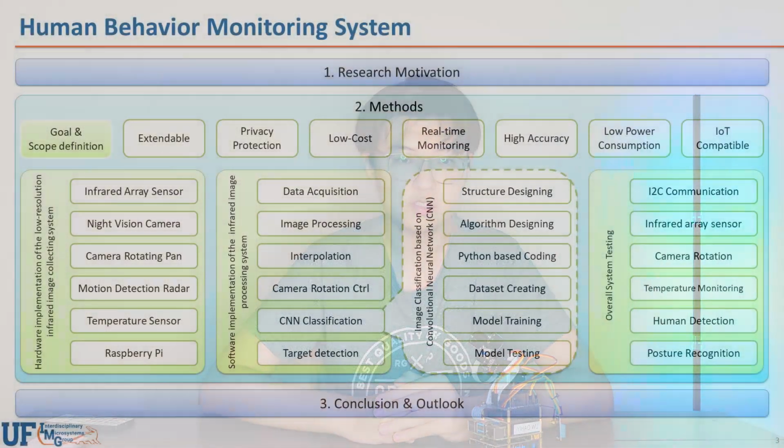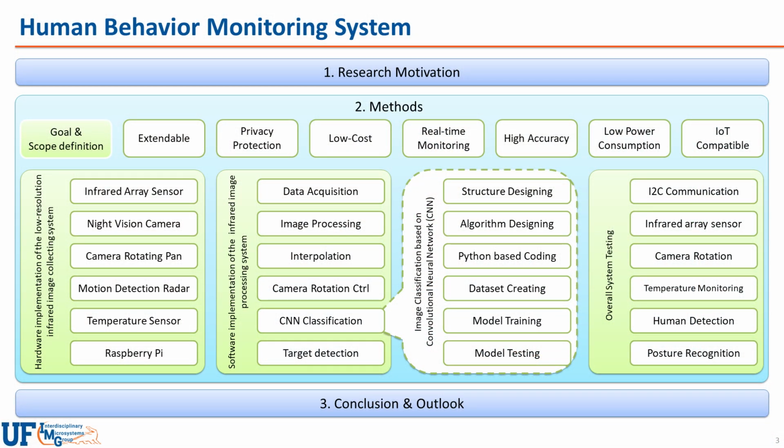The second part is the software implementation. We have 6 modules in this software part. We need to do the data acquisition and the image processing, because we need to acquire data from the night vision camera and the infrared ray sensor, and process this type of data.